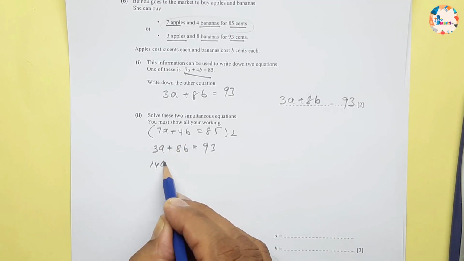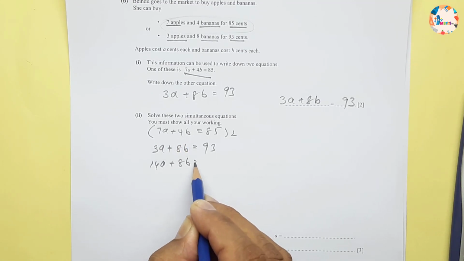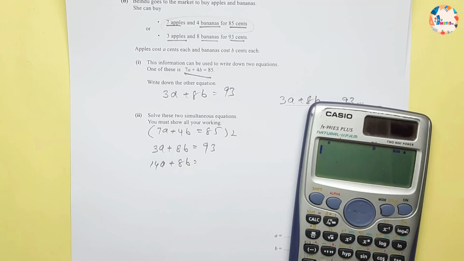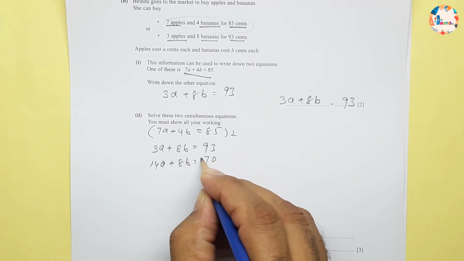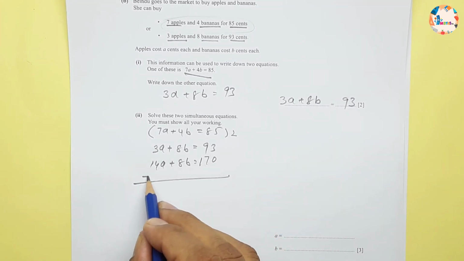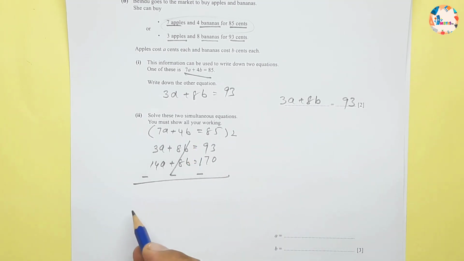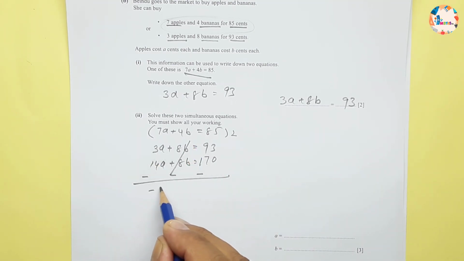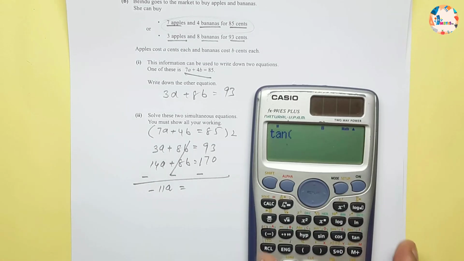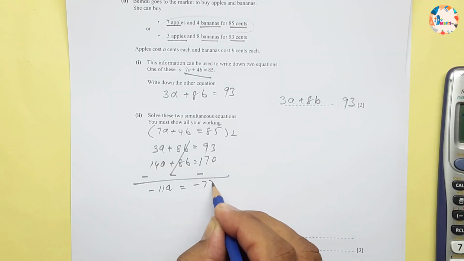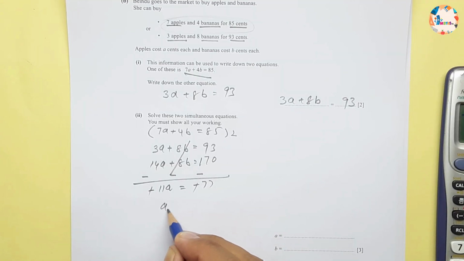So this will be 14a plus 8b is equal to 85 multiplied by 2, which is 170. Now we can subtract. This is changing signs. This is gone. This is minus 11a is equal to 170 minus 170 plus 93. This will be equal to minus 77. So minus gone, a will be equal to 7. So a value is 7.